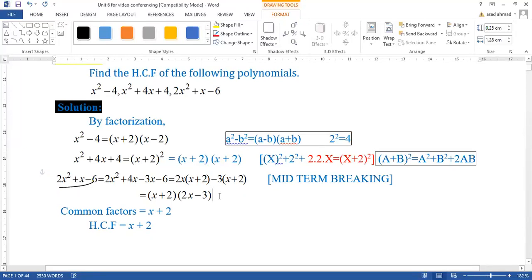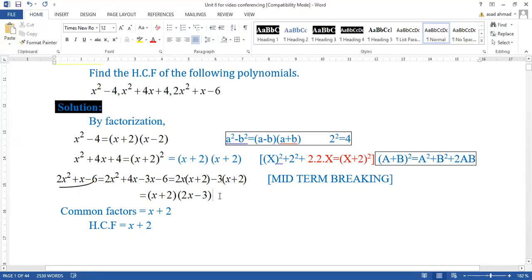So this becomes 12, and then minus 12, and then we make the factors of minus 12 such that the middle term plus 1x is converted into 4 minus 3x. So the middle term is broken up, this 1x into 4 and minus 3.